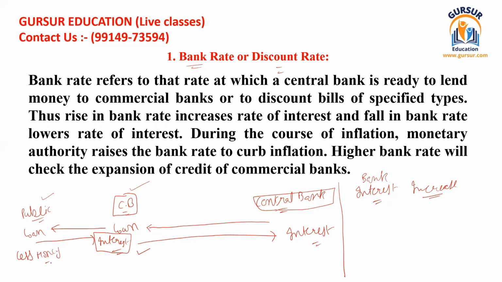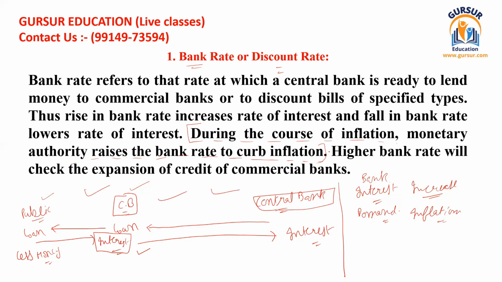If they have less money in their hands, then obviously the demand for products shall decrease, and if this decreases, ultimately inflation can be curbed or adjusted. So during inflation, the monetary authority raises the bank rate to curb inflation. This line has the definition of this complete structure.